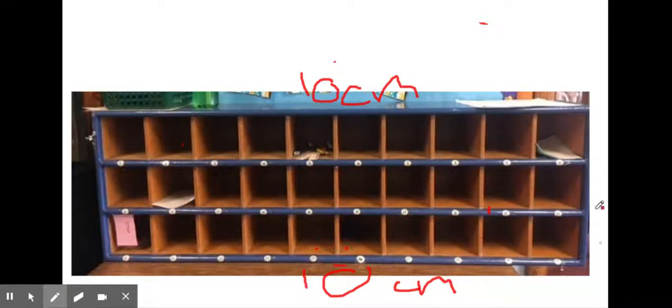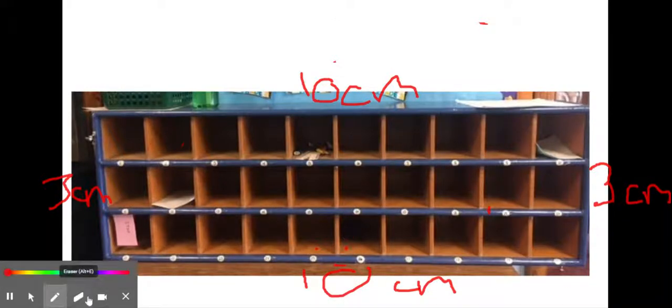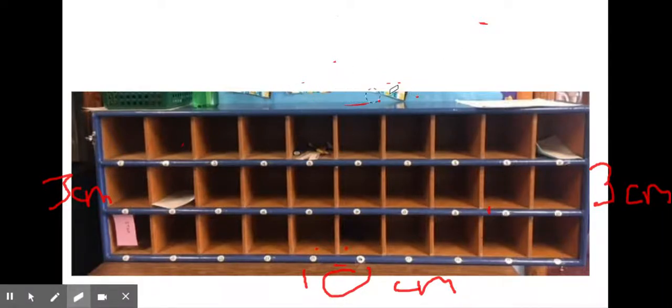And that's 1, 2, 3 centimeters, and 1, 2, 3 centimeters. I'm just using centimeters as our unit. Then we just add up our side lengths. I like to group my 10s, but we can go 10 plus 3 is 13. 13 plus 10 is 23. 23 plus 3 more is 26. And our perimeter is 26 centimeters.